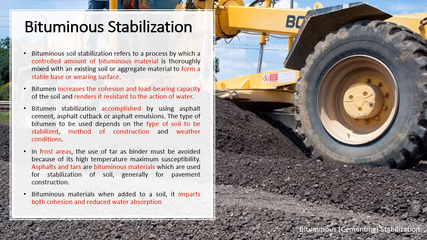In frost areas, the use of tar as a binder must be avoided because of its high temperature susceptibility. Asphalt and tars are bituminous materials which are used for stabilization of soil, generally for pavement construction. Bituminous material, when added to a soil, imparts cohesion and reduces water absorption.